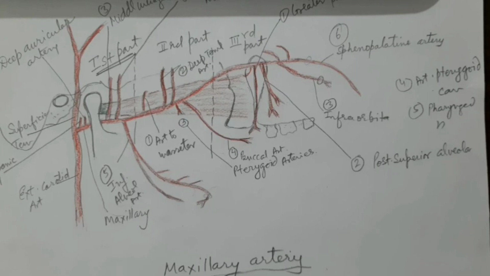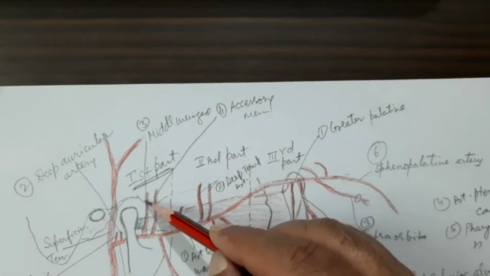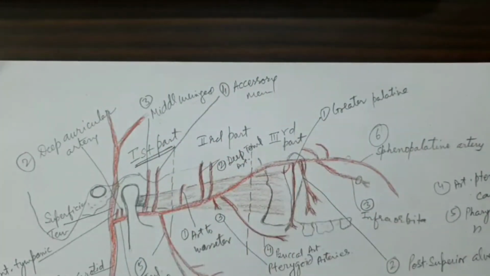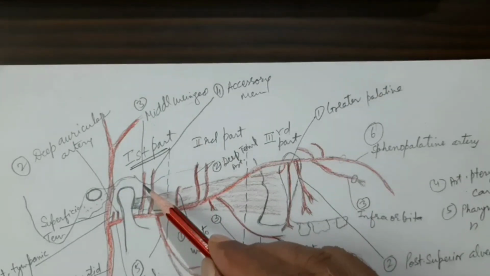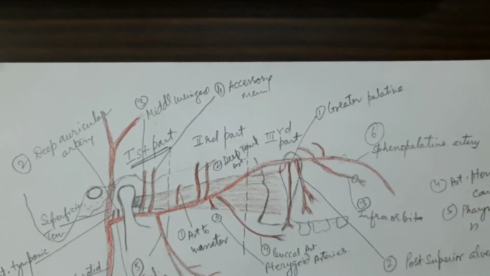Now the rupture of its middle meningeal branch, this was the third branch. See this middle meningeal, this branch which passes through the foramen spinosum into the middle cranial fossa, this artery usually gets ruptured in accidents, because its anterior branch from the foramen spinosum passes through the area of pterion.